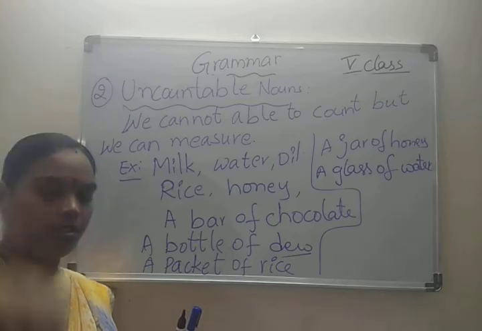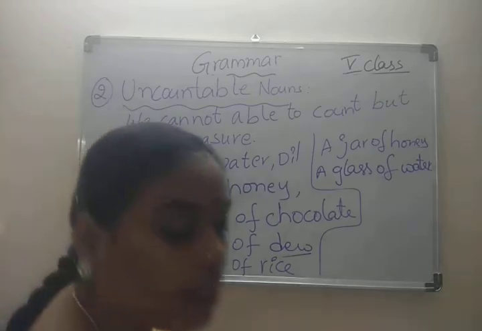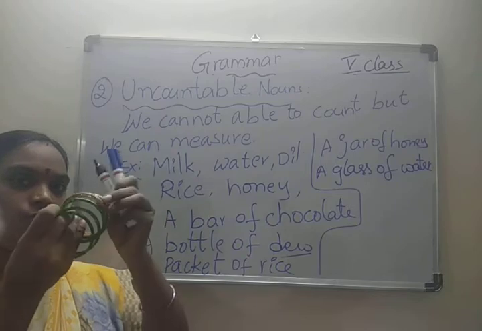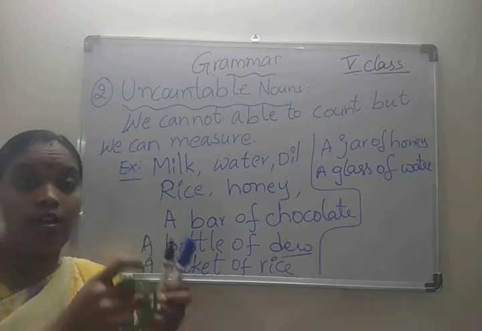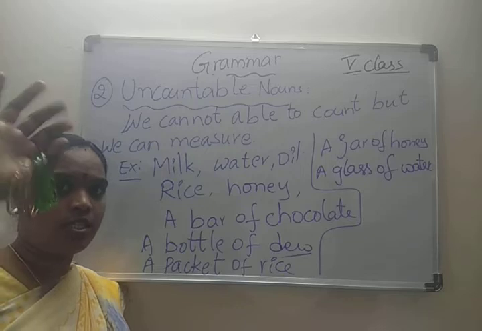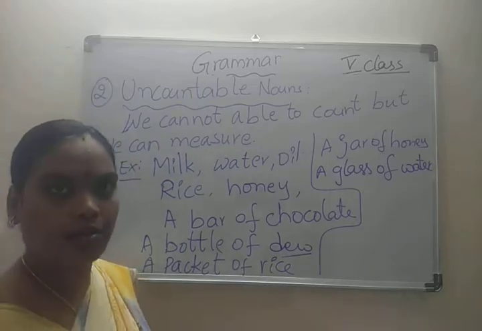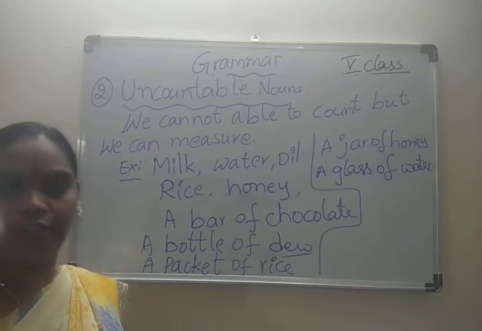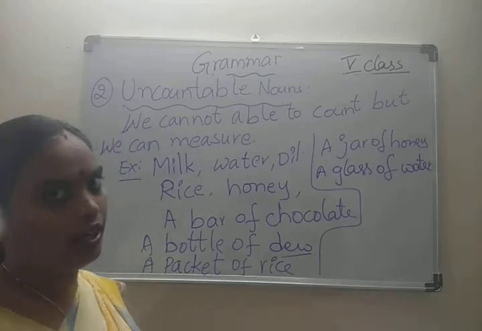This is liquid. But we can take bangles. Bangles are there: 1, 2, 3. I can count these. So which type of noun is this? Countable. Which type of noun is liquid? Uncountable. This is the difference between countable and uncountable.